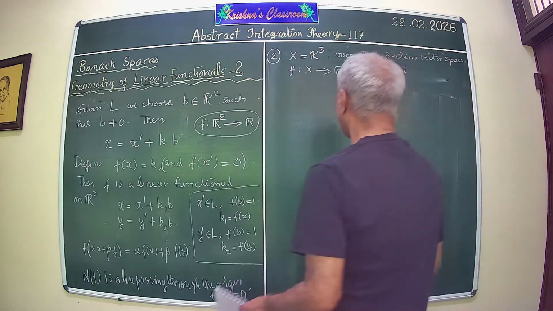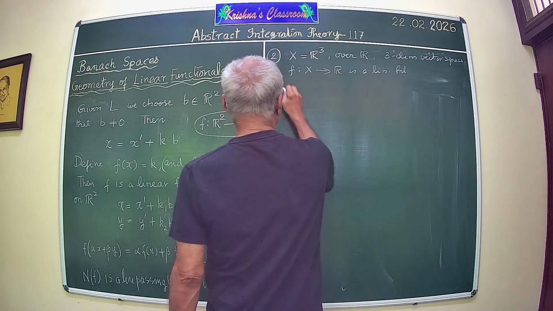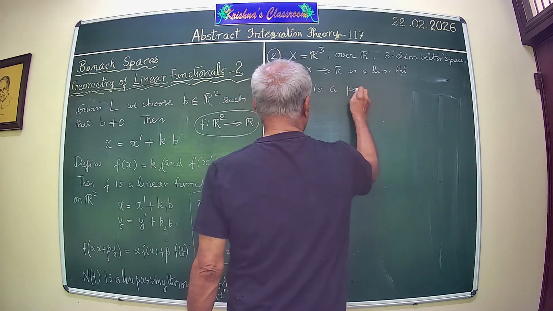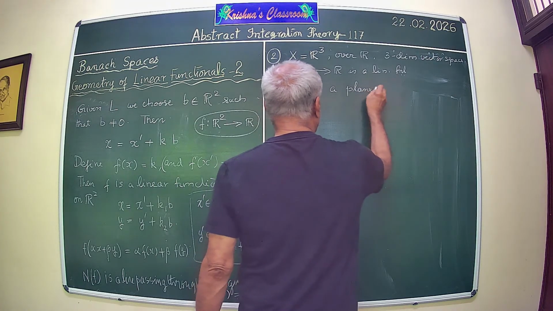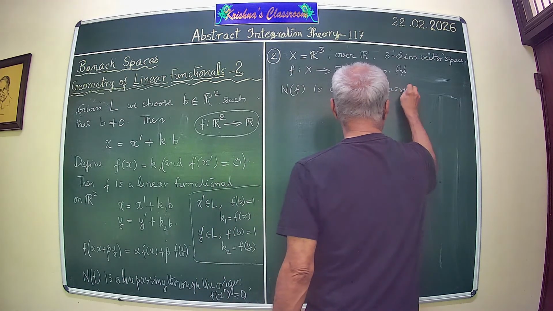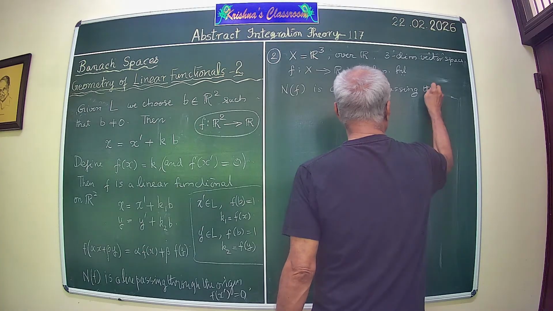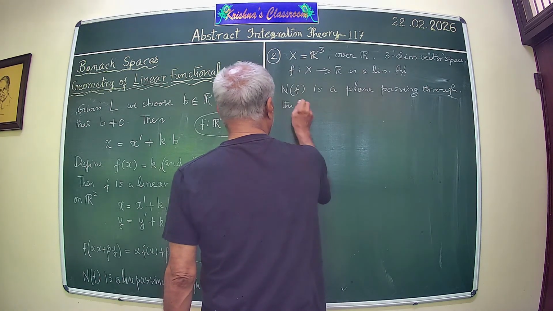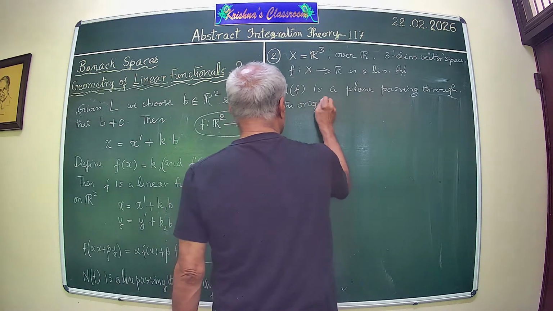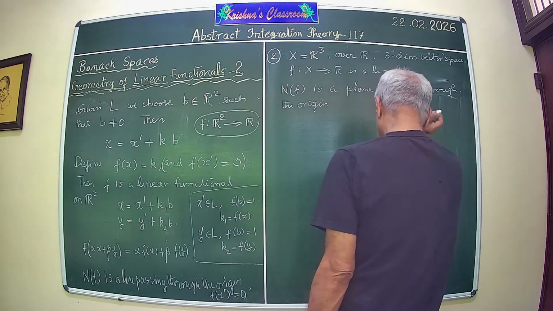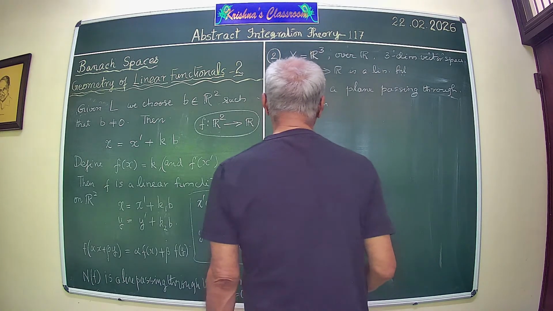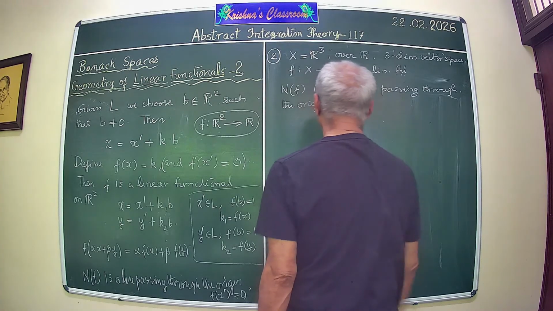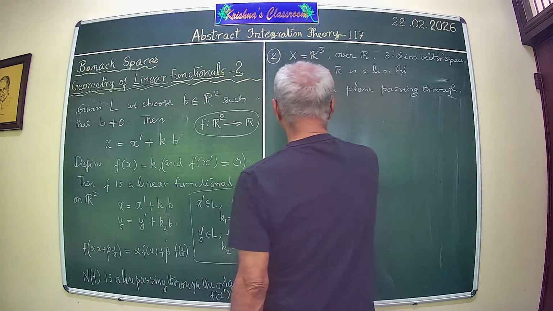Then you see that null space of f is a plane passing through the origin.